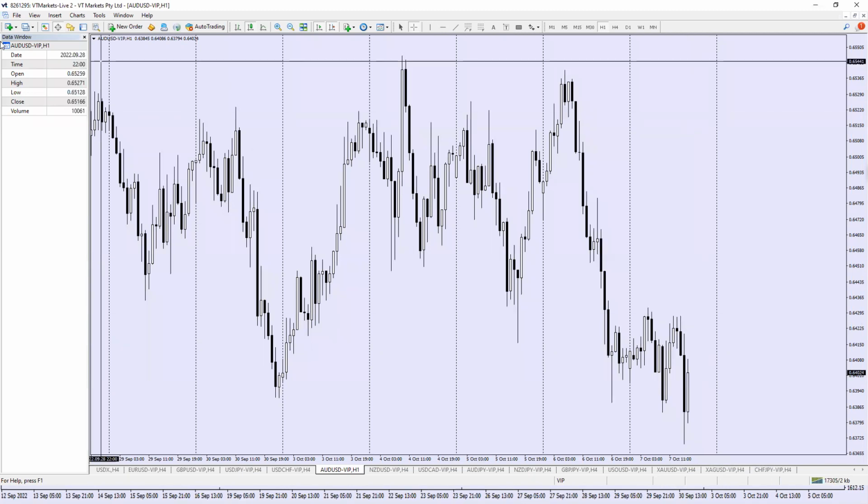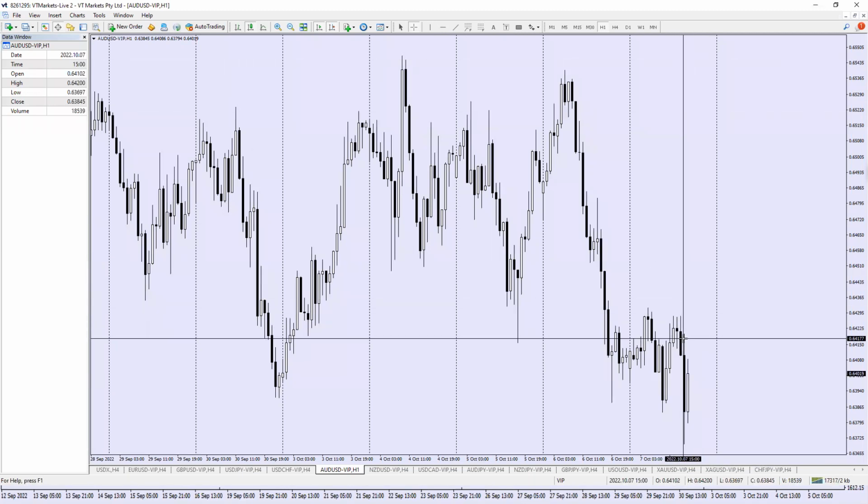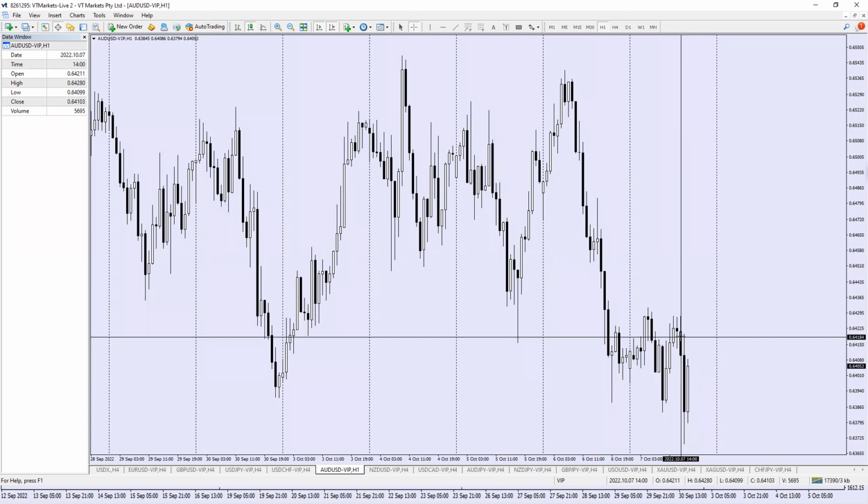There's a list over here, or you can look over here if you cannot find it. So that risk there, the high is 0.64280, right? And then the low, what's the low? The low is 0.64099, correct?